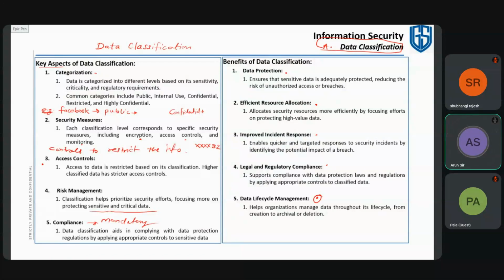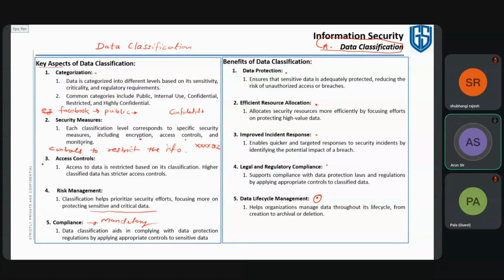Data classification will tell which data is very sensitive and which data is less sensitive, which are confidential ones, which are restricted ones, or which data we cannot share outside our region or outside our country. All those things are related to data classification. So the very first thing we need to understand from information security is called data classification. Last time we did the aspects of data classification.